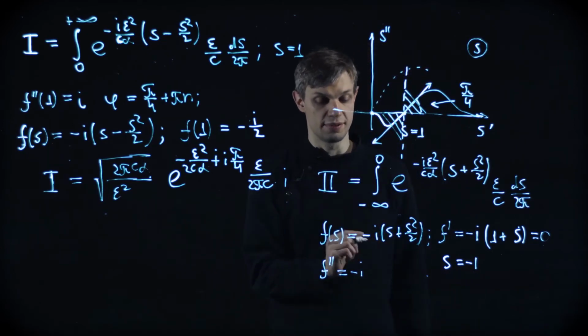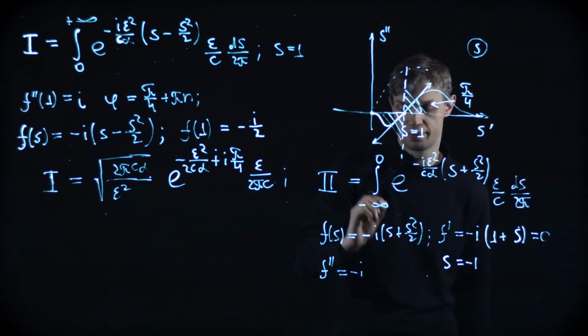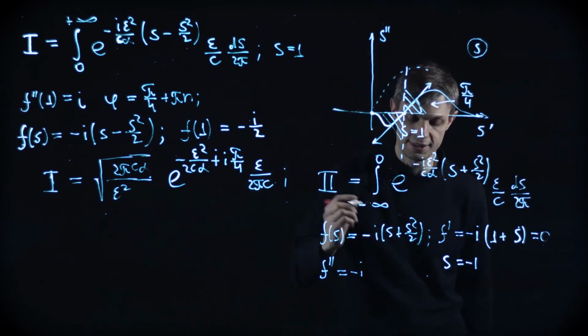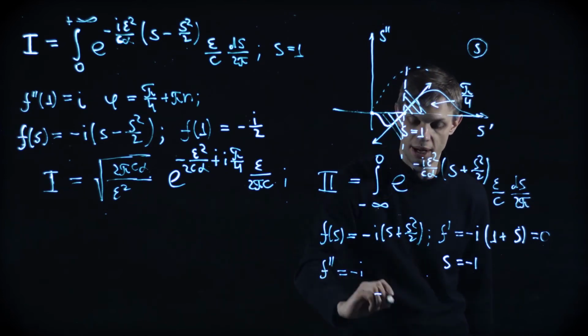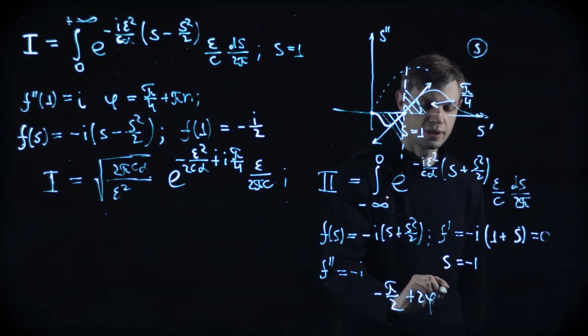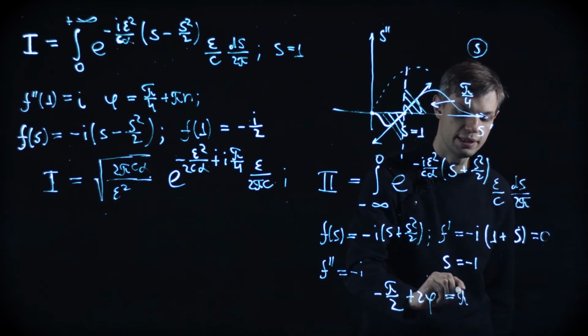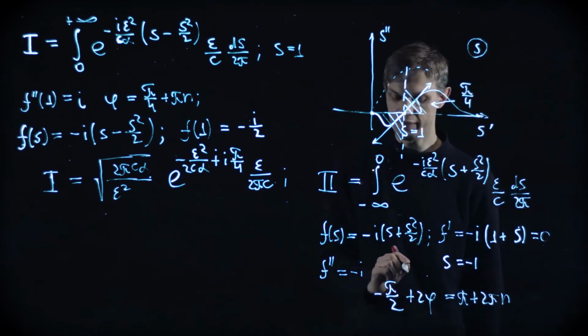So now the argument of the derivative is minus pi by 2, and the same steepest descent direction condition looks like the argument of f prime prime, which is minus pi by 2, plus 2 phi is equal to pi plus 2 pi n. And here we go.